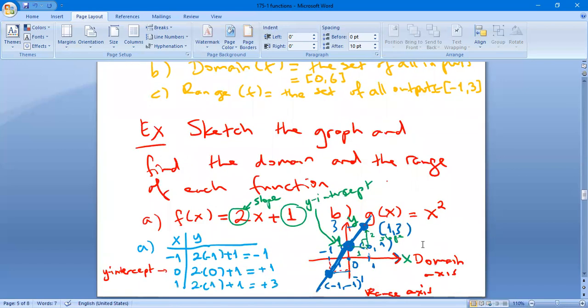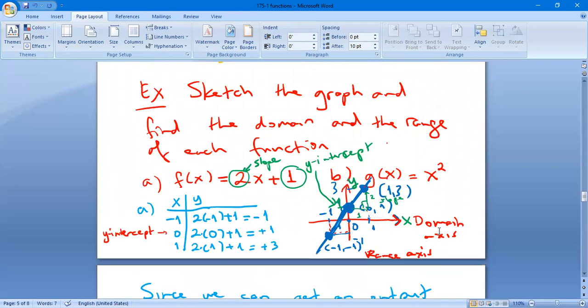So another example is, let's say, sketch the graph and find the domain and the range of each of these functions here. In A, we have f of x, which is given by 2x plus 1. So if you want to sketch the graph of a function like that, we can always take a couple of points, x values, let's say here -1, 0, and 1, and then we can plug them into the function.